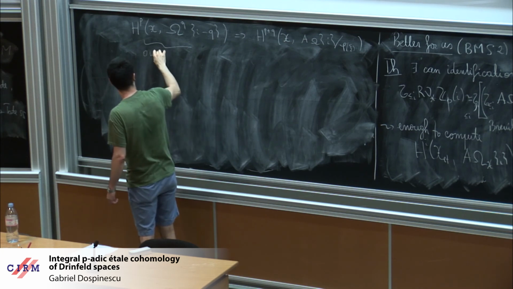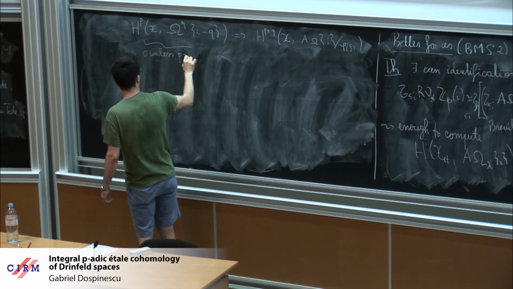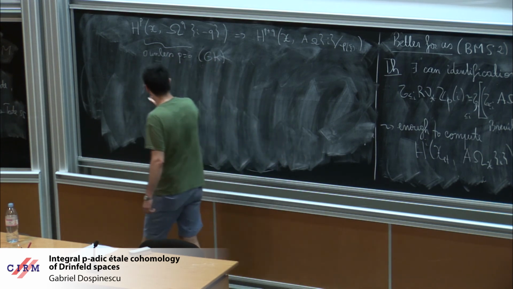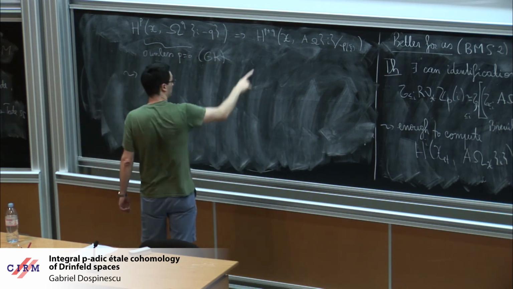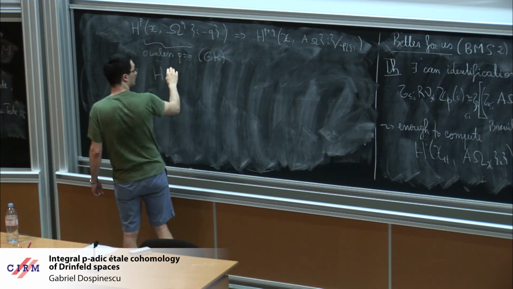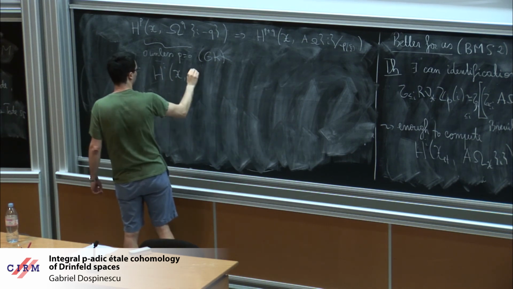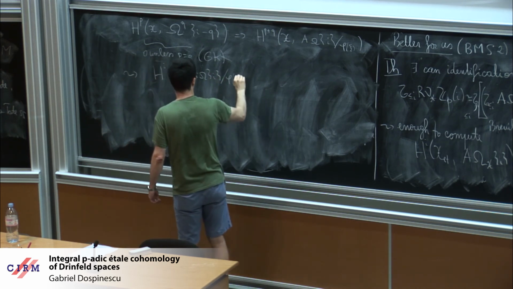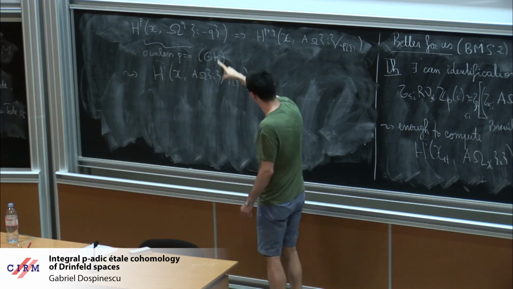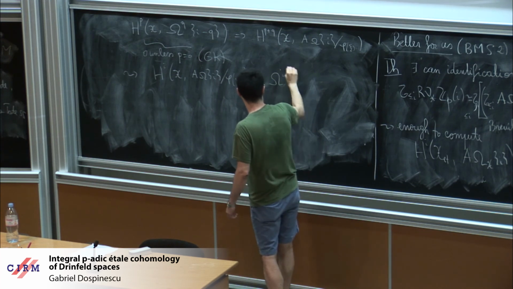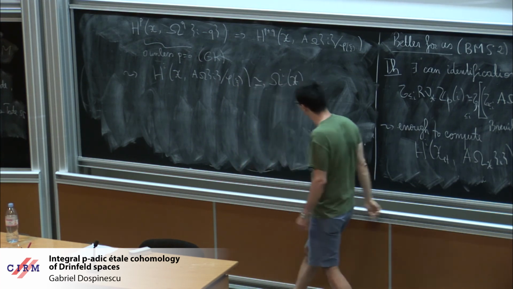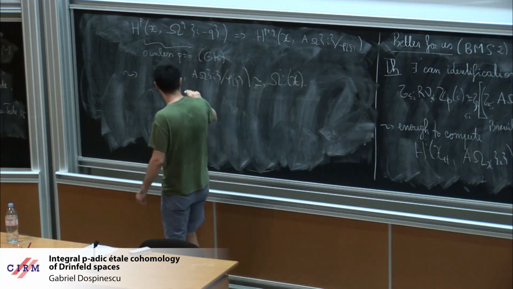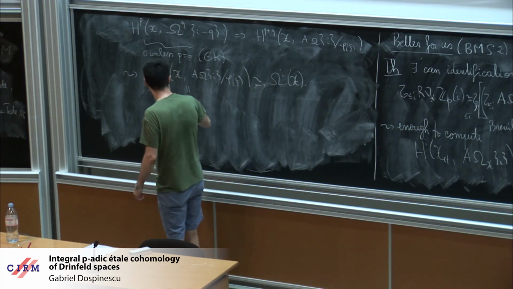This is 0 unless p equals 0. So you deduce from this that the cohomology of this quotient is the space of global differentials on the formal model. Now, one has to argue a little bit, but it turns out that this is really M modulo φ(ψ).